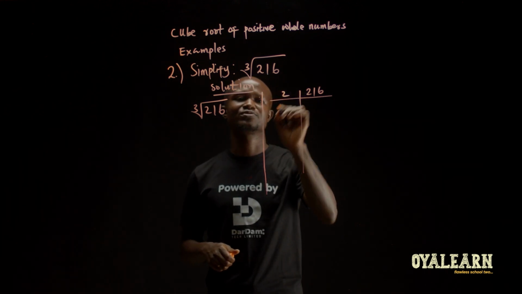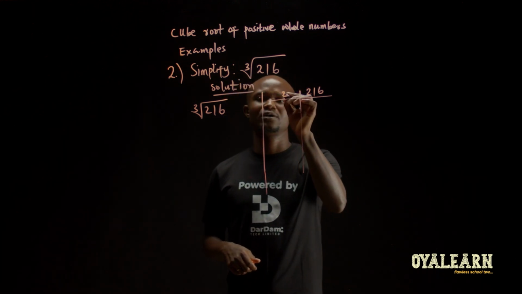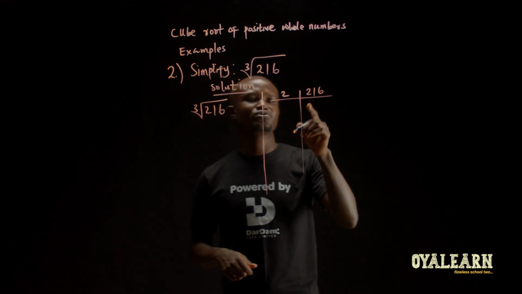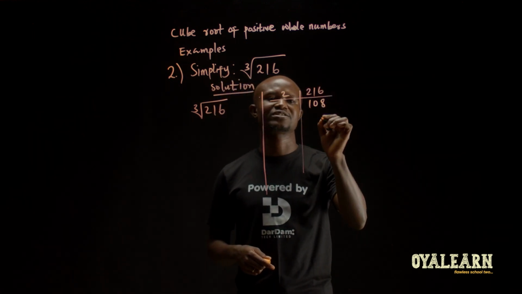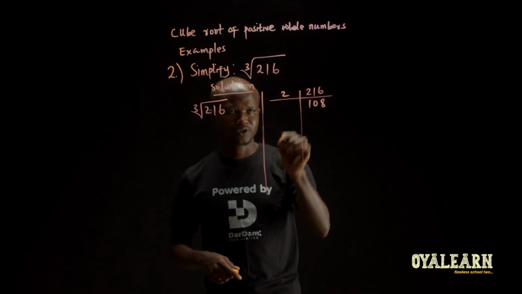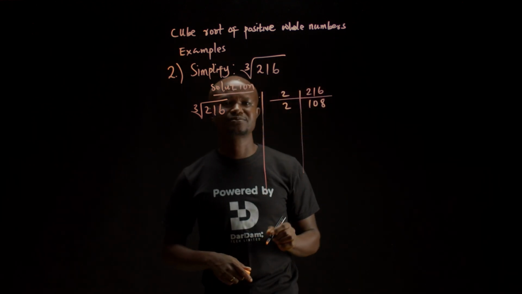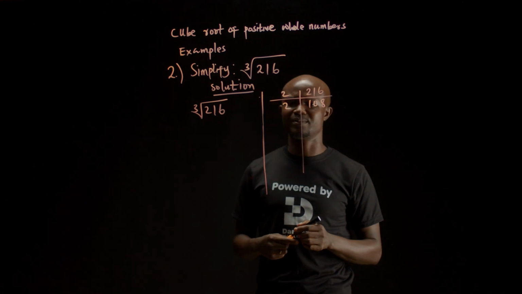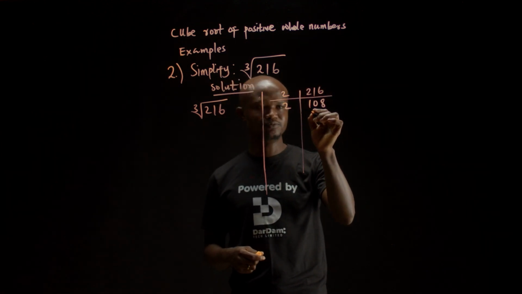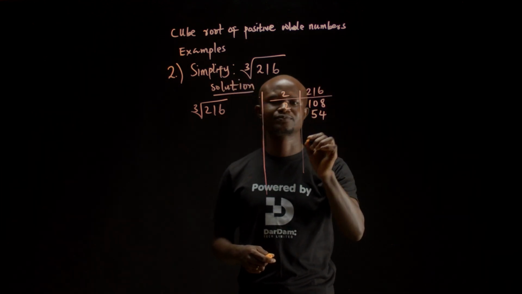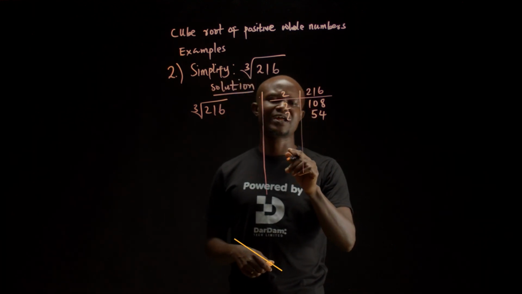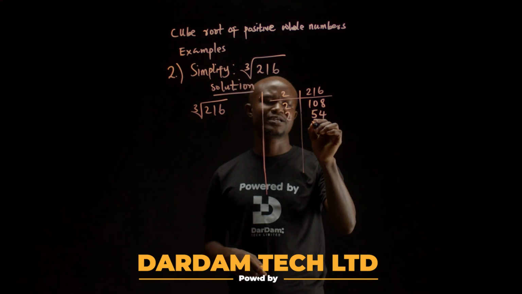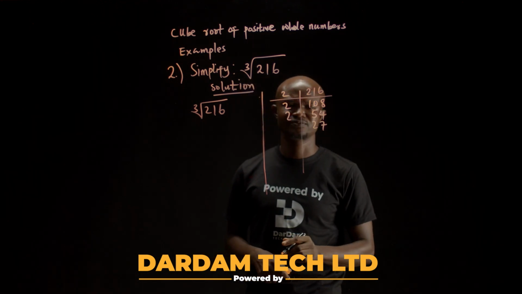We can use 2. 216 divided by 2 is 108. So 2 can go again. 108 divided by 2 will give us 54. Dividing by 2, what do we have? 54 divided by 2 will give us 27.